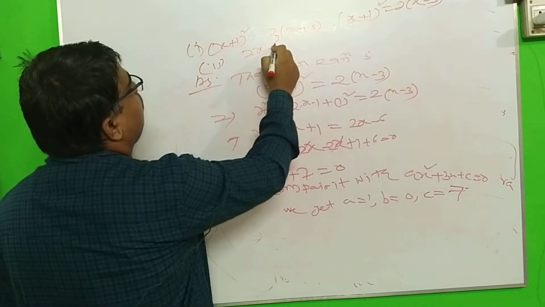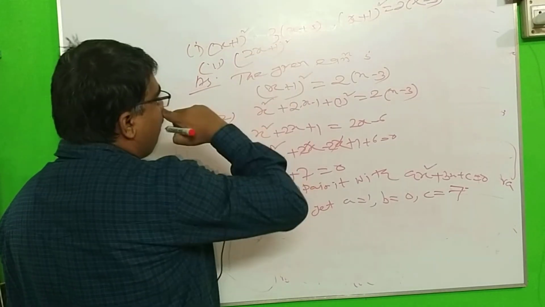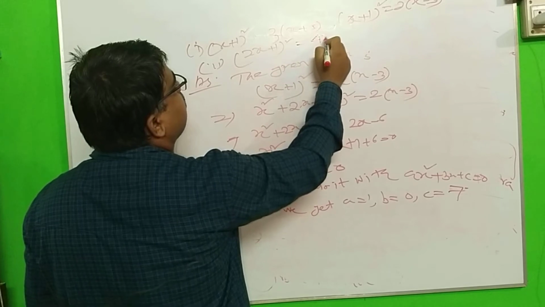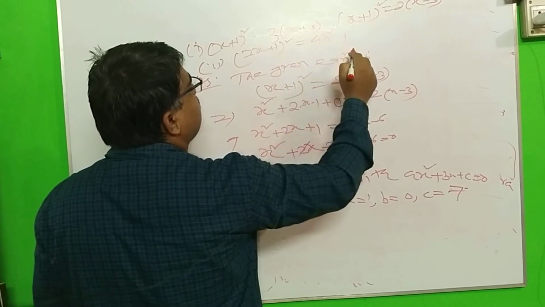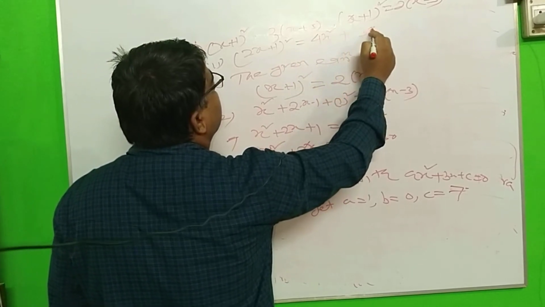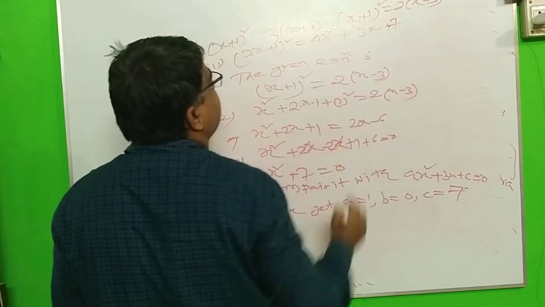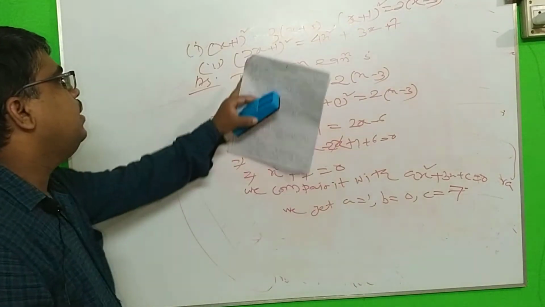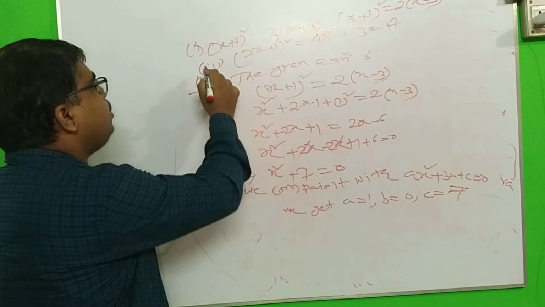Again we consider an example: 2x plus 1 whole square equal to 4x square plus 3x plus 7. Is it a quadratic equation?